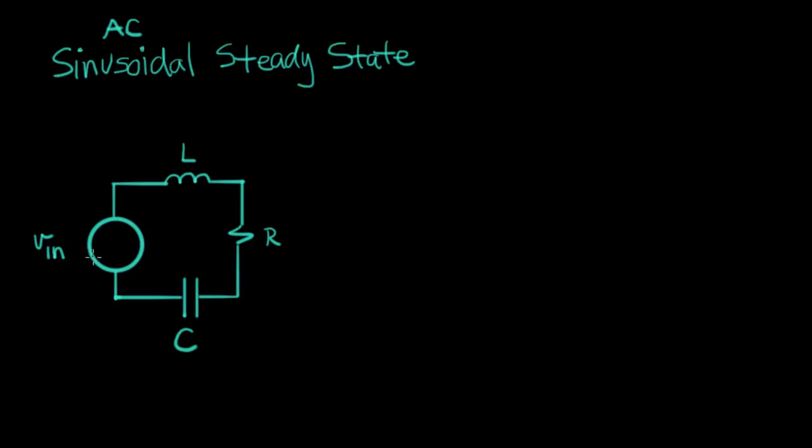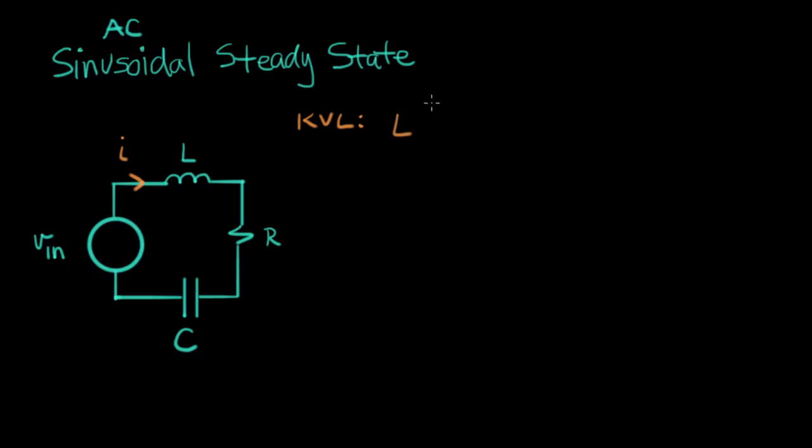If we use the differential equation technique, this is how we're going to go about it. The first step in a circuit analysis like this is to write a KVL equation. We're going to solve for this current right here, the one current in this circuit. So I is our independent variable. As you recall from when we did this for natural response, we ended up with a differential equation that looked like this.